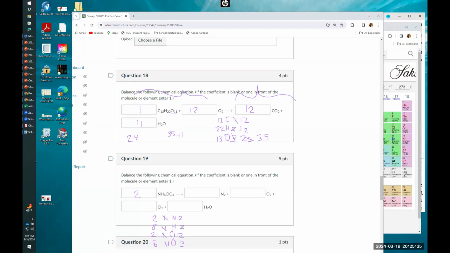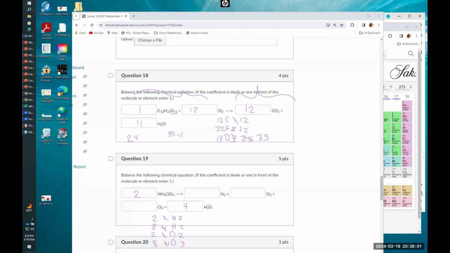Multiply by 4. What are we going to multiply by 4? The hydrogen. 2 times 4. So we're going to put a 4 in front of our water. Is that what you're telling me? Yes. Okay.